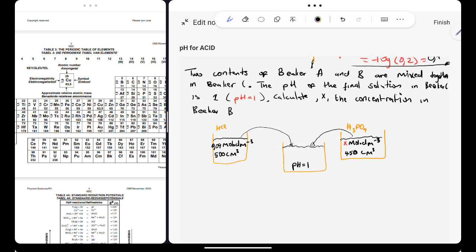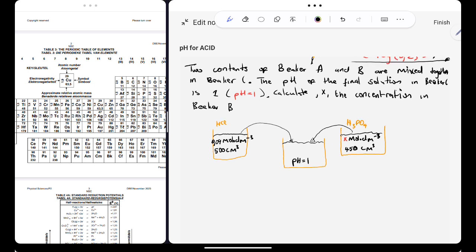Then the last question, guys, we are told that the contents of beaker A and B are mixed together in beaker C. The pH of the final solution in beaker C is 1.